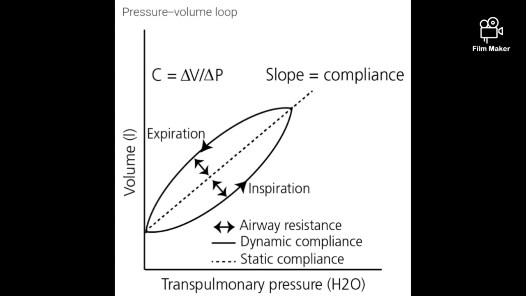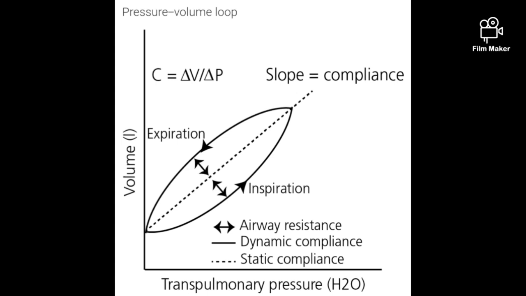So, if we look at the lower curve, it shows a greater effort or more pressure is applied for small changes in the volume. That means what? During inspiration, the lung has to put more work to draw in more volume of air. So, for a unit change in pressure, there is very little change in the volume.